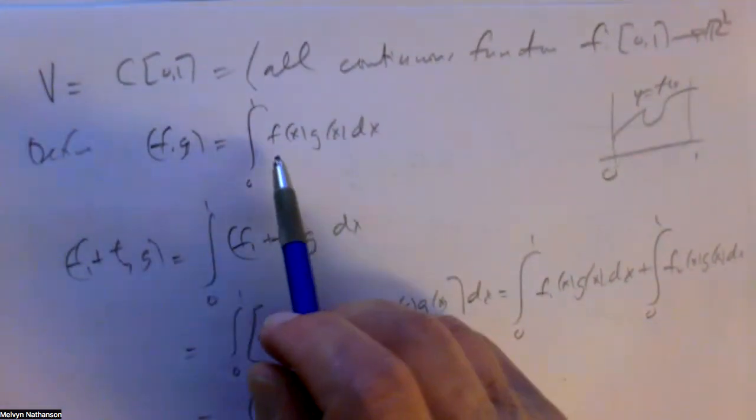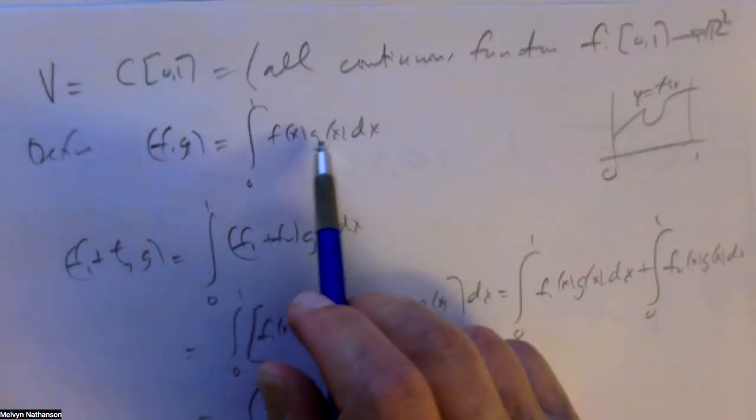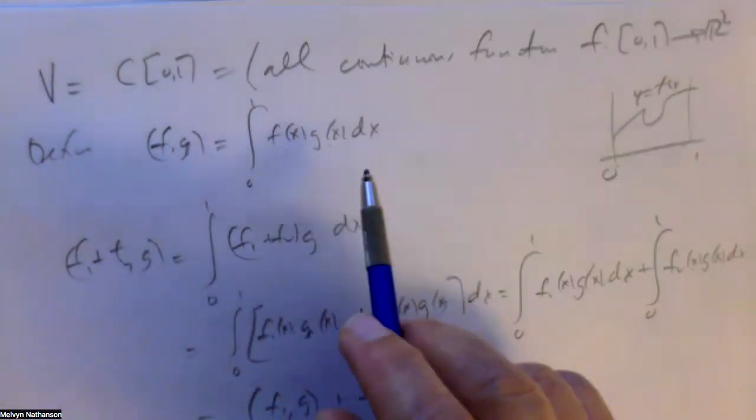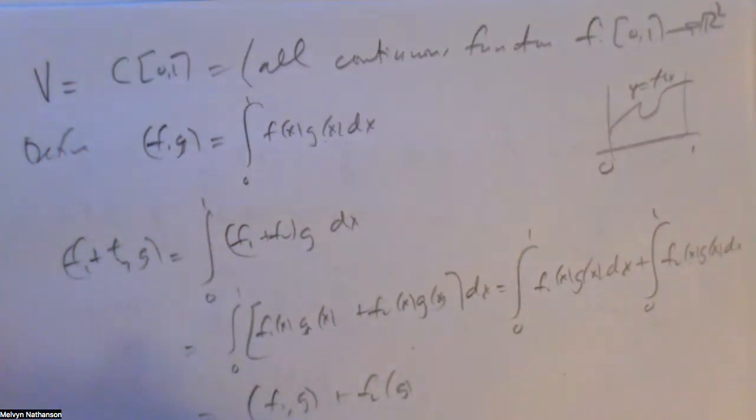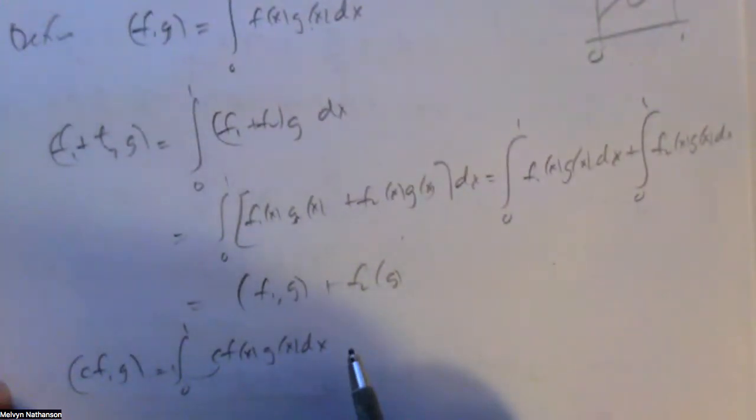And it's also clear f times g is the same as g times f, so this is symmetric. Let's check scalar multiplication. So cf times g is the integral from 0 to 1 of cf of x, g of x, dx. But you can always take a constant outside the integration sign.